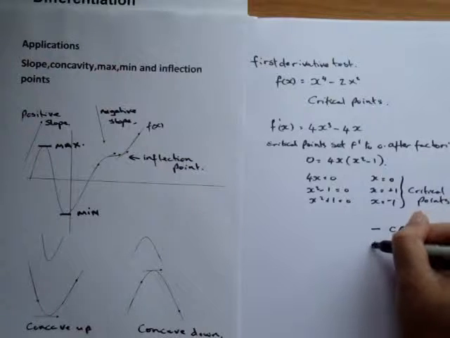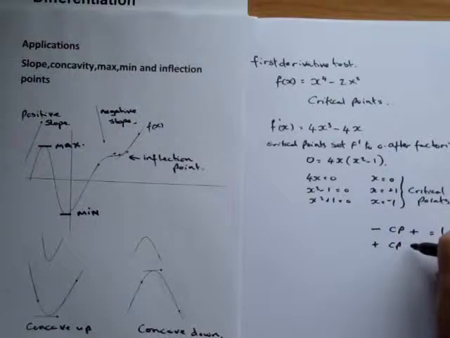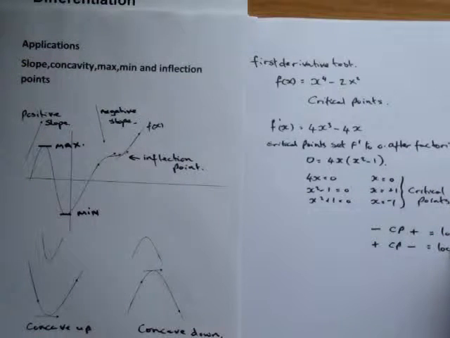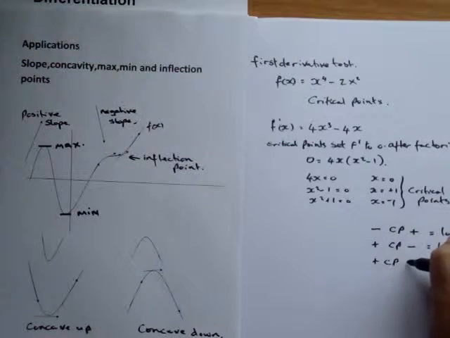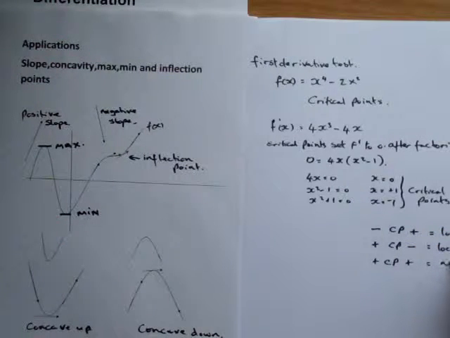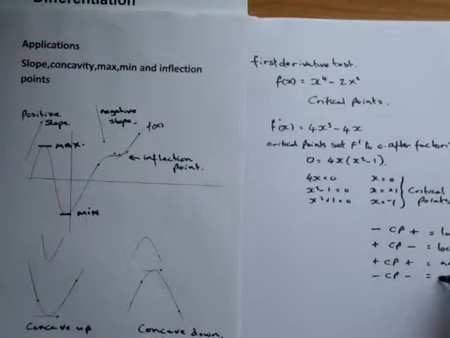If we have a positive gradient and then the critical point and then a negative gradient, this is a local max. If we have a plus and then the critical point and then a plus gradient, this is neither. And then the same if we have a minus and a minus, it's neither.